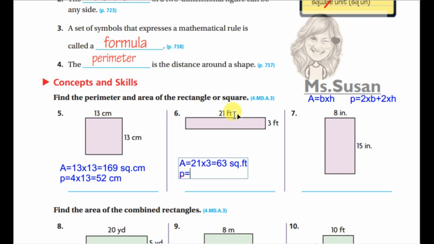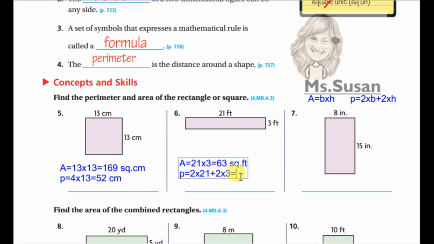We have two sides with 21 feet. So we multiply 2 times 21. Plus, we have two sides with 3 feet. So 2 times 3. So the answer will be 42 here plus 6.